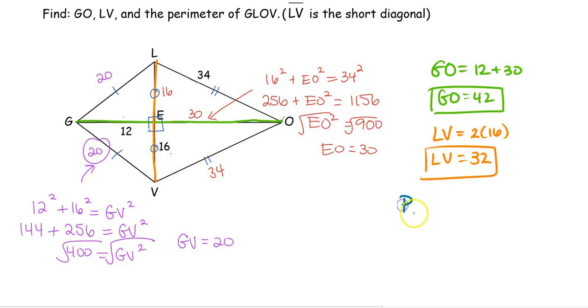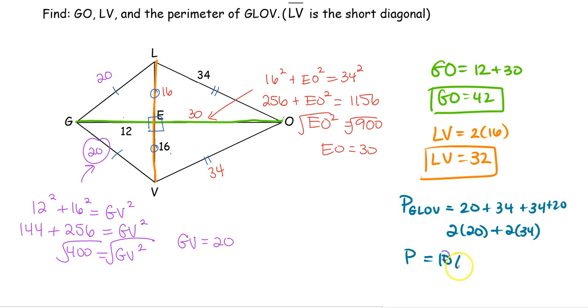So to find the perimeter of GLOV, we add up all the sides. Perimeter is just adding up. So 20 plus 34 plus 34 plus 20. Remember, those two sides are congruent, those two sides are congruent. So you could have just said two sides of 20 and two sides of 34. Either way you do it, you find that the perimeter is going to be 108.